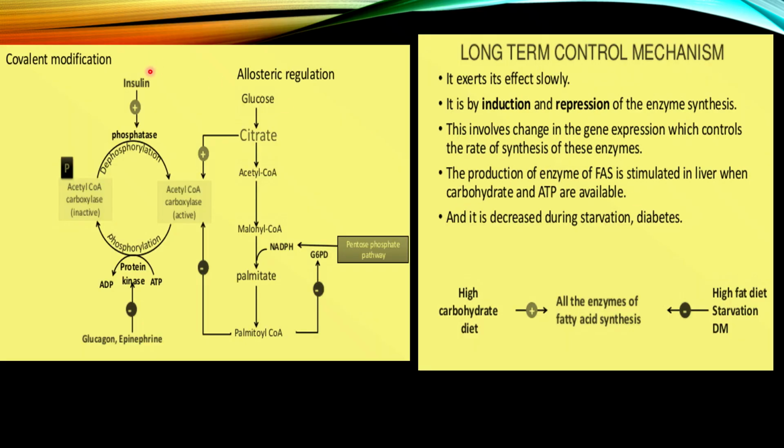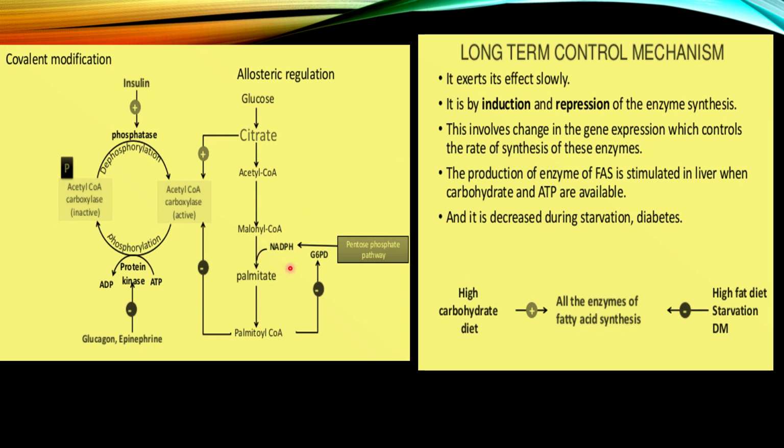Here there is a more clear account of allosteric regulation. So glucose, via pyruvate and acetyl coenzyme A, citrate to acetyl coenzyme A. Acetyl coenzyme A is now available for synthesis of fatty acids. So acetyl to malonyl coenzyme A, malonyl to palmitate via the fatty acid synthesis steps.